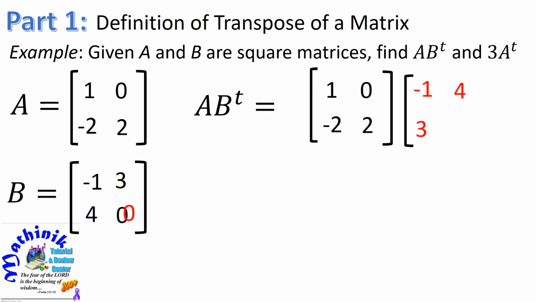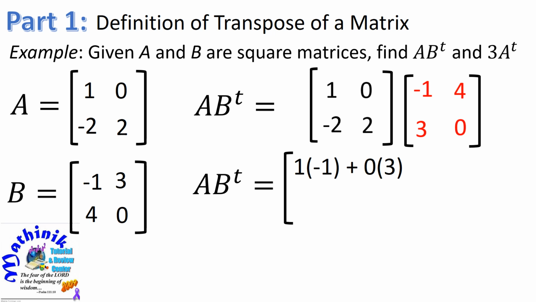And then the second column of B will be the second row of B transpose, 3, 0. From here, we will use the multiplication of matrices as we have discussed before. That is 1 times negative 1 plus 0 times 3, getting the product of the first row of A and the first column of B transpose. That will be the first element in our product.